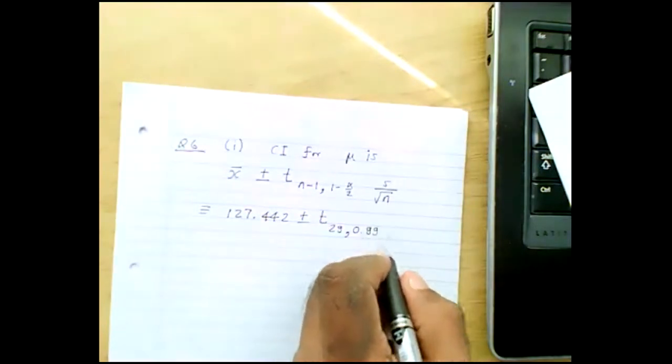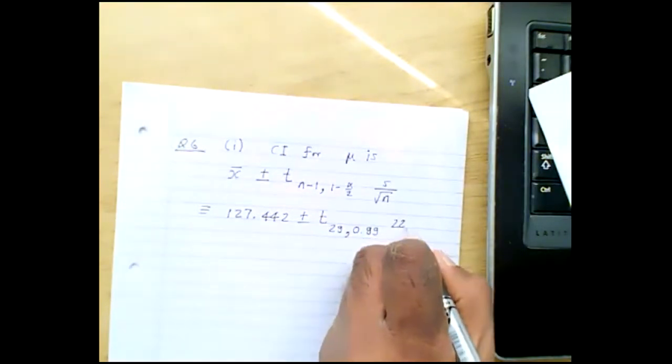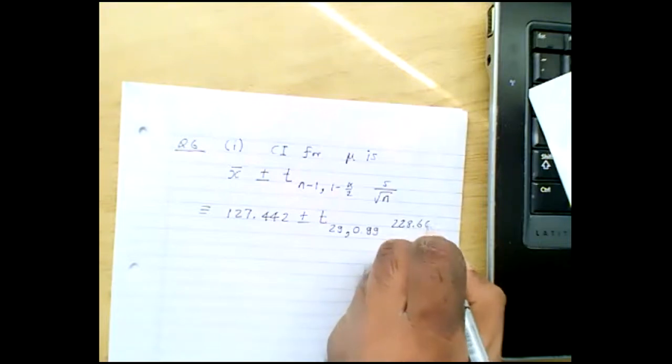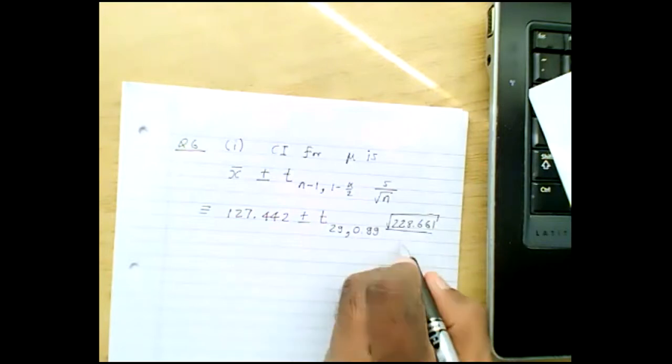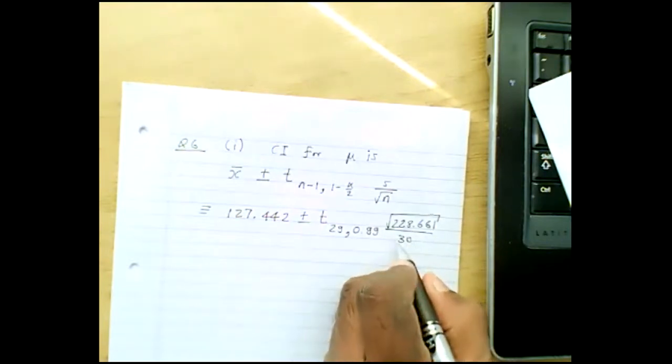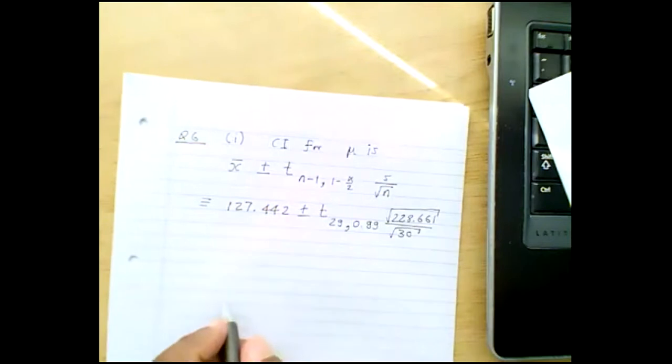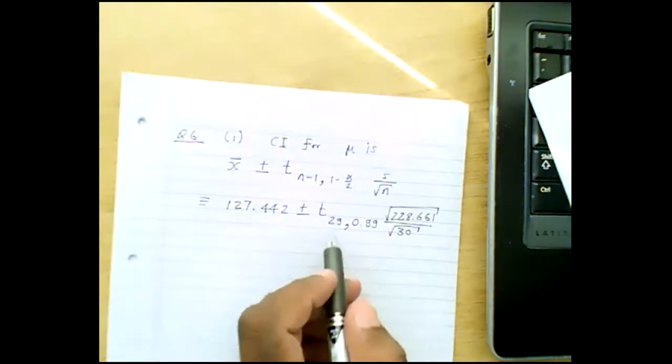S squared is given to us as this, so S is the square root of this. And n is 30, so it's the square root of 30.